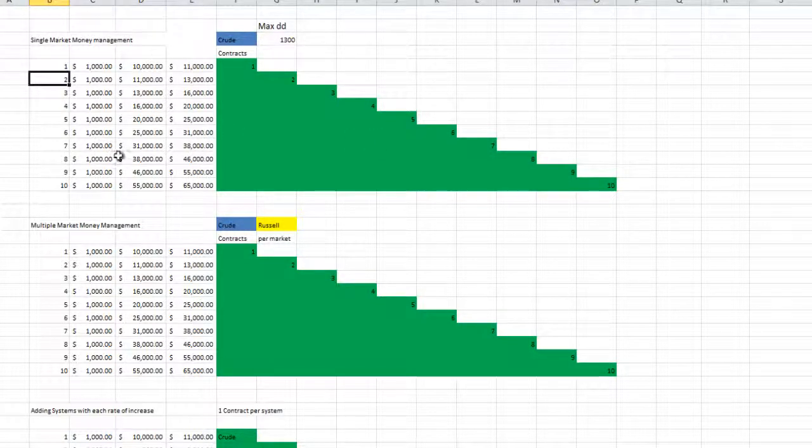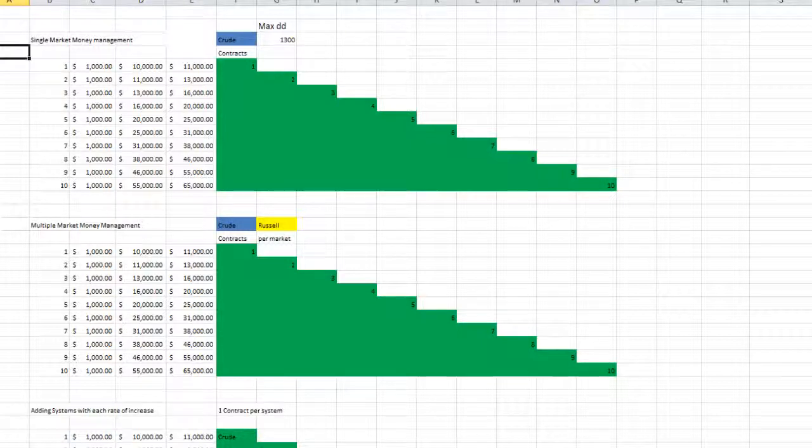Now the advantage with the fixed ratio method of money management is that it really does accelerate the growth in your account, because you're not waiting, as we're seeing with the fixed fractional method, for a percentage increase.